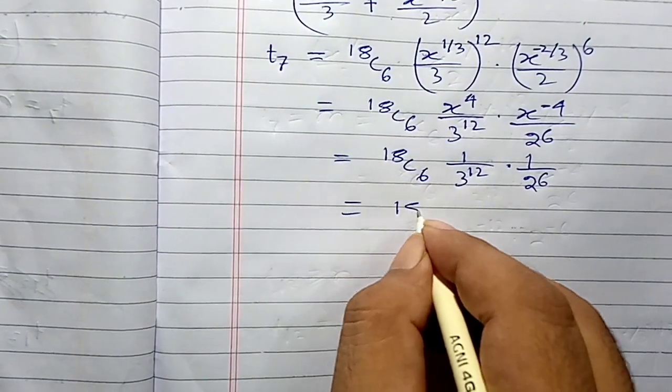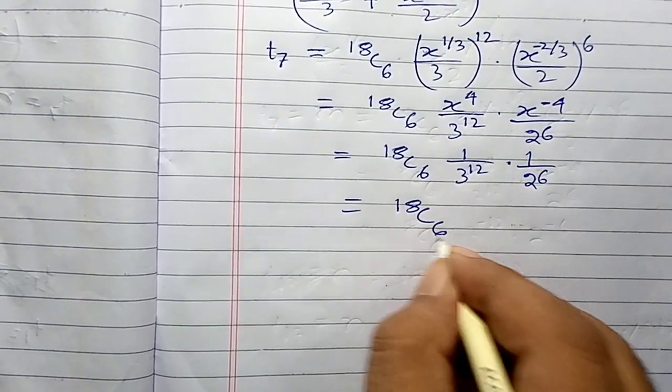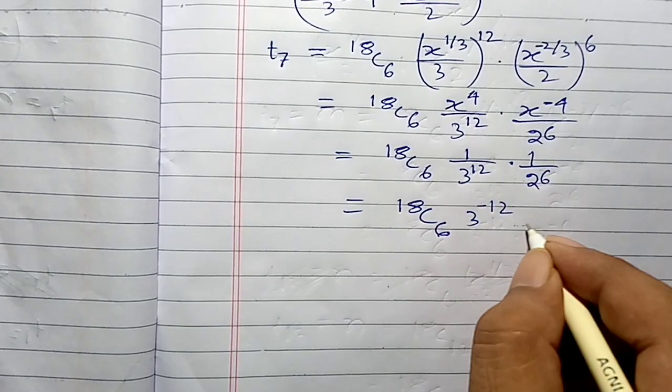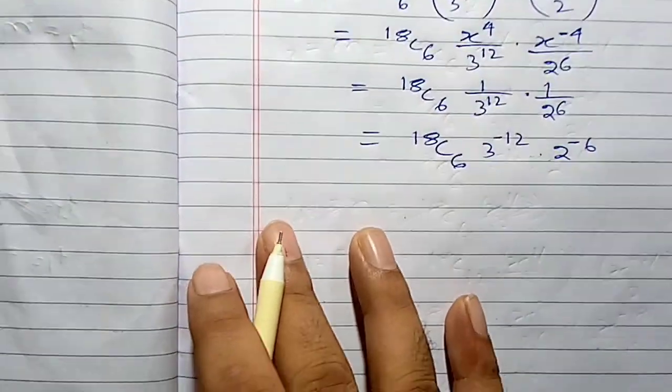This can be written as 18C6, 3 to the power minus 12 and 2 to the power minus 6.